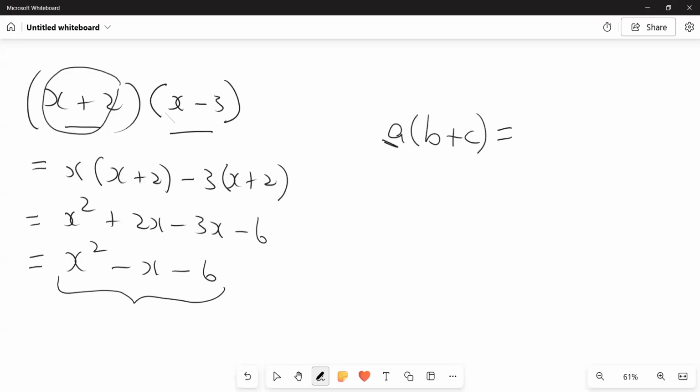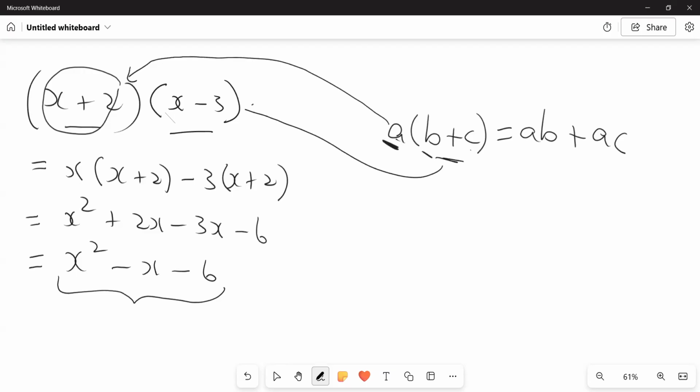You take A and multiply it by B, plus A multiplied by C. In this case, A is this whole thing here, and B plus C is this whole thing here. So all I'm doing is taking B here and multiplying this whole thing.